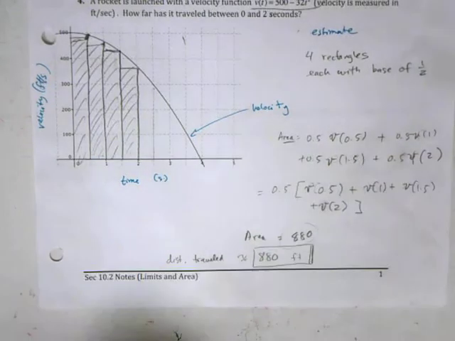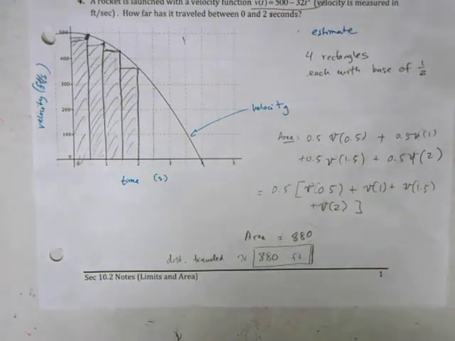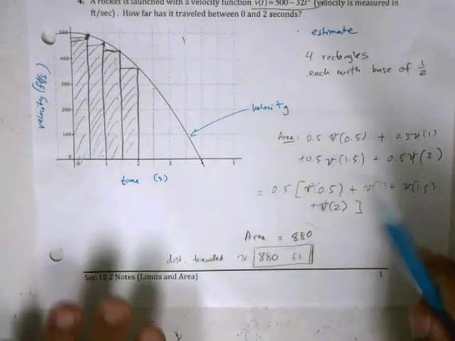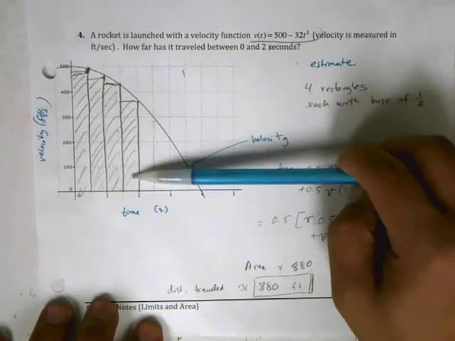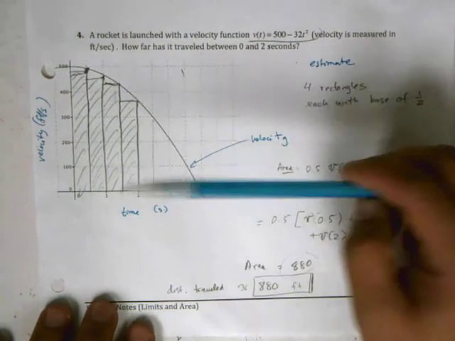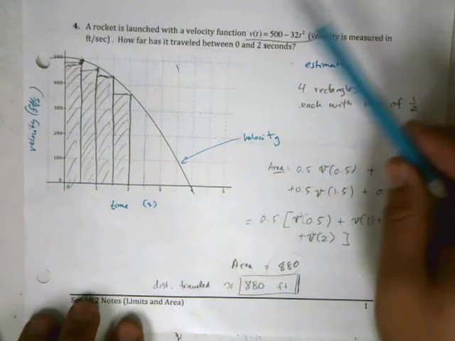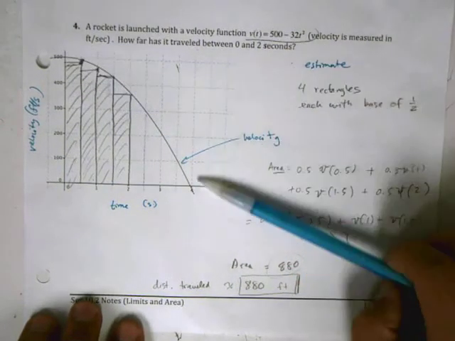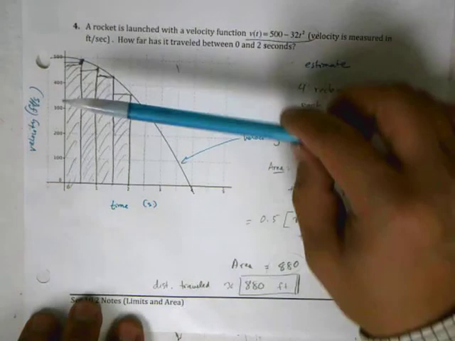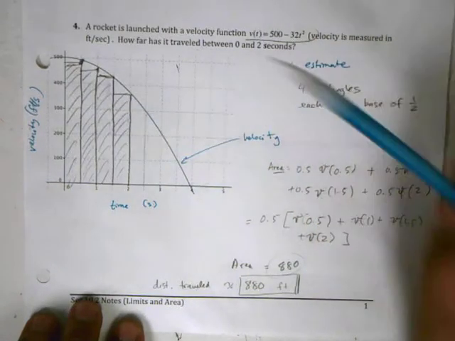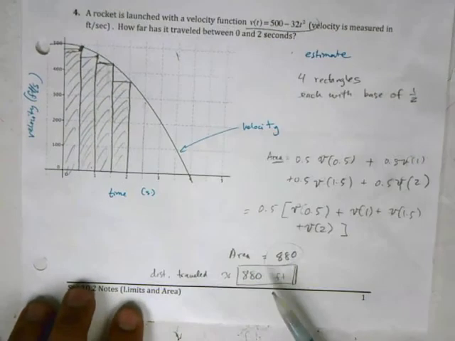So this video and the previous one is really just an application that shows us that there is a logical reason to find the area underneath the curve, even if this area can mean something different. In this particular instance, if you have a velocity function in terms of time, the area underneath the curve gives us the distance traveled.